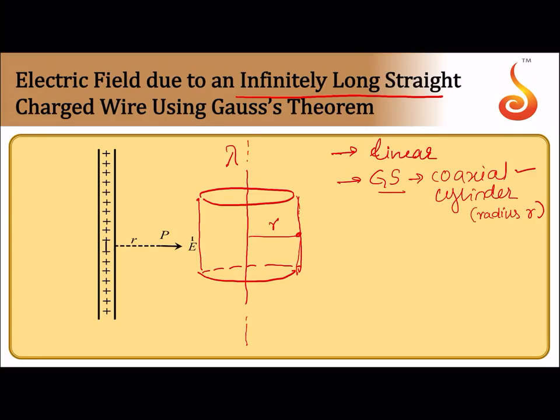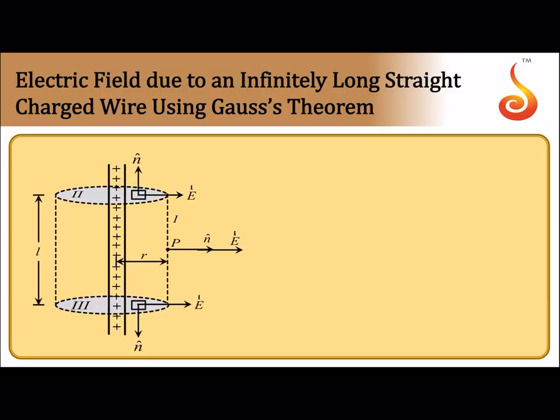So this is the Gaussian cylinder. Now what is the third step? Use flux is equal to net charge by epsilon naught. And the fourth step is to find out flux using E dA cos theta. To do that, let's assume that L is the length of this cylinder. Now I will go to the next slide and show a better picture of this situation. Here it is. You can see that? Yes. Now this diagram shows several things.